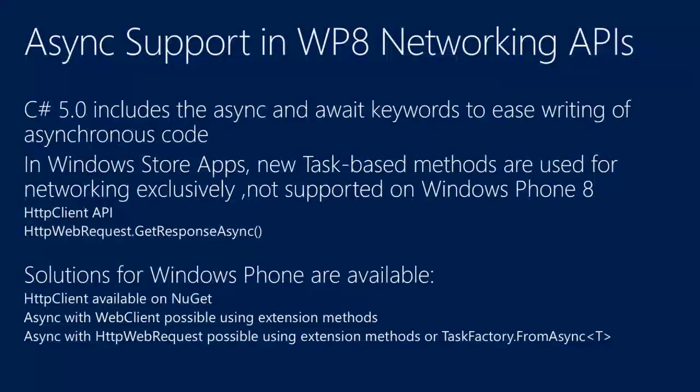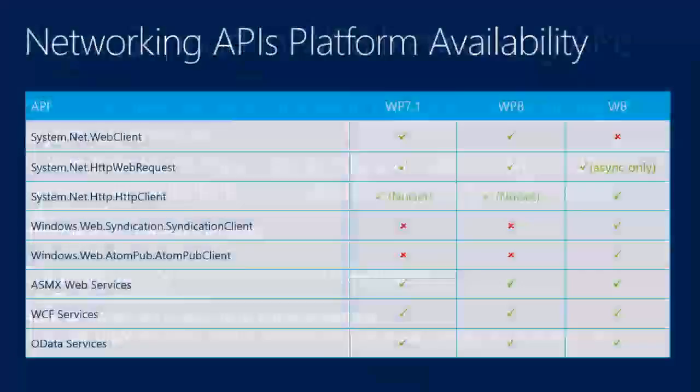Adds that into Windows Phone 7.1. So you can actually have consistent networking code across all the platforms now. And we also, if you want to use the web client and HTTP web request, but you want to adopt the new async model, we've got extension methods that people have developed that give you that behavior and allow you to use that pattern with these APIs as well.